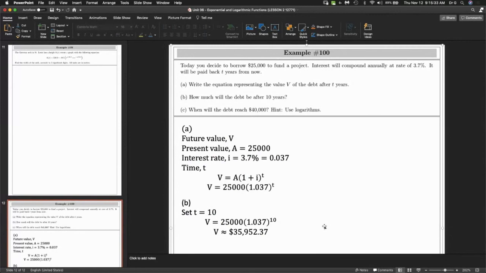Not bad. It's part C that I'm most interested in discussing with you, because in this part, we're trying to solve for the time. And last week, we talked about solving using guessing. So for part C, last class, we guessed using a table of values.